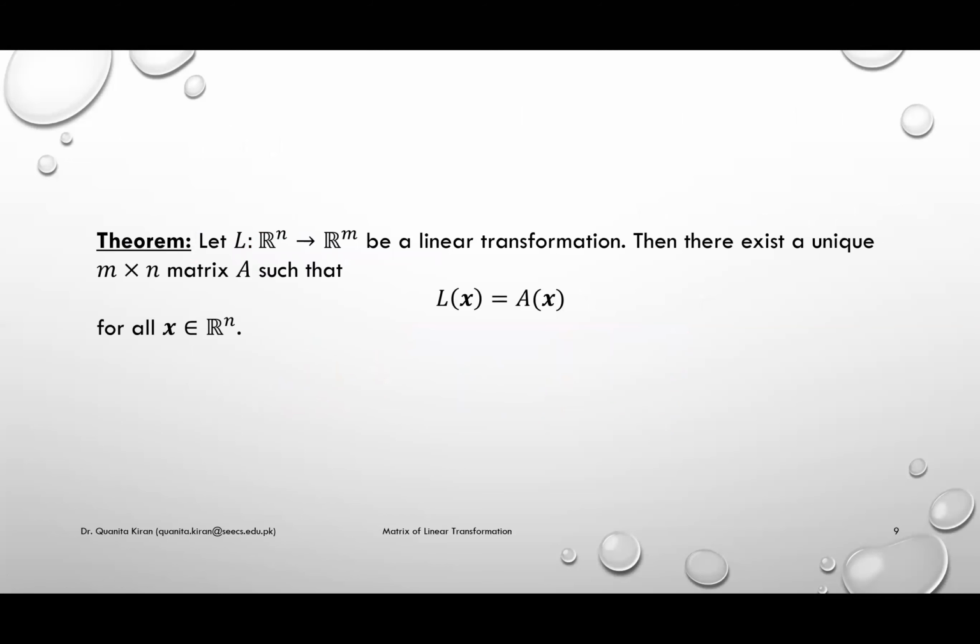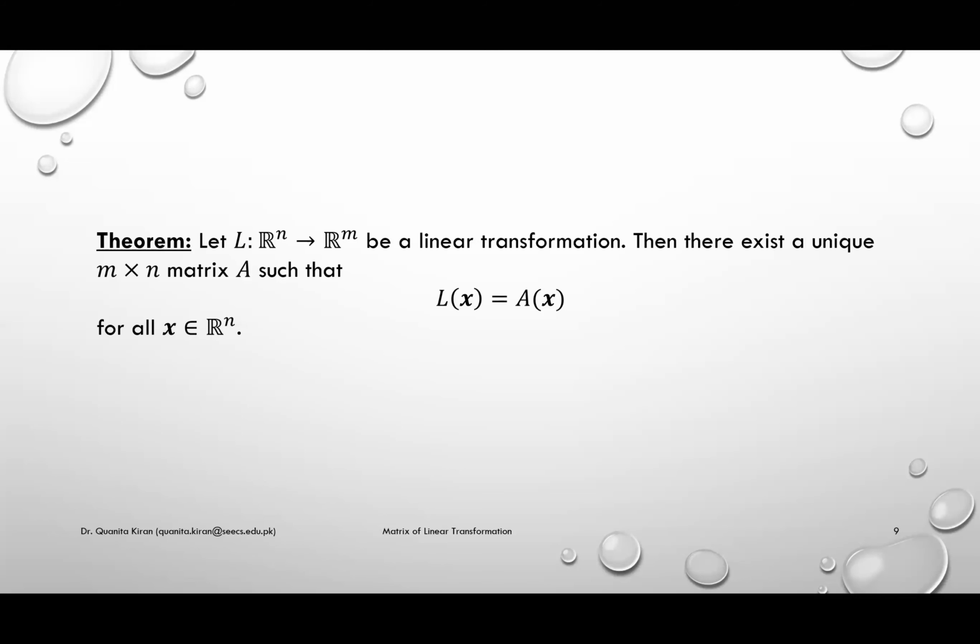If we summarize these concepts, we obtain a theorem that says that if L is a linear transformation from Rn to Rm, then there exists a unique M cross N matrix A such that the action of L on the vector x is equal to the action of A on x for every vector x in Rn.